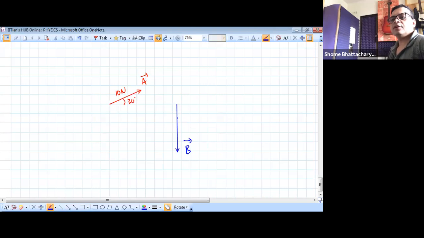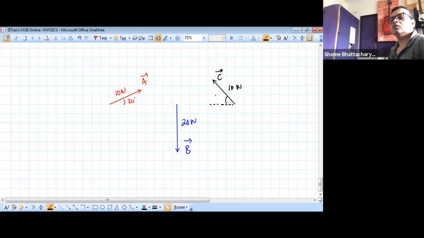Okay. These arrows that we draw, they are free arrows. They can be drawn anywhere. And similarly, the vector C can be drawn anywhere. But it should be accurate in terms of the direction of the arrow and in terms of the length of the arrow.